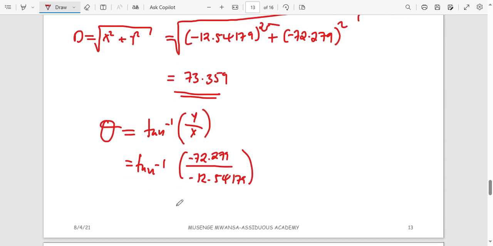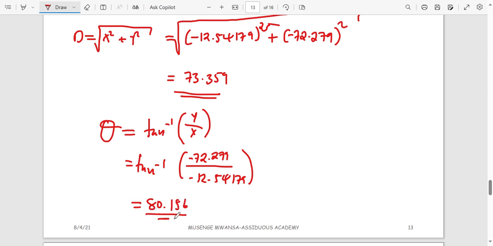So let's punch these. I'll simply say tan inverse. You know that the negatives will cancel out because you have got negative on top and bottom. So 72.279 divided by 12.54179.